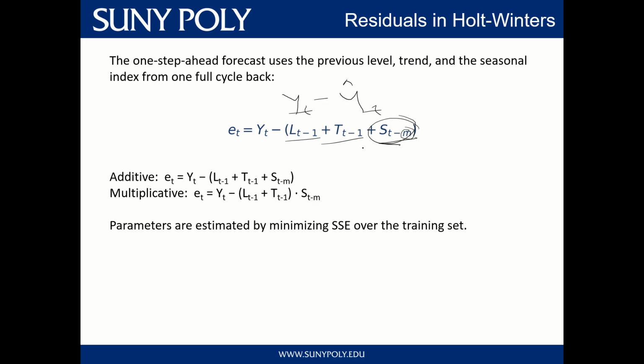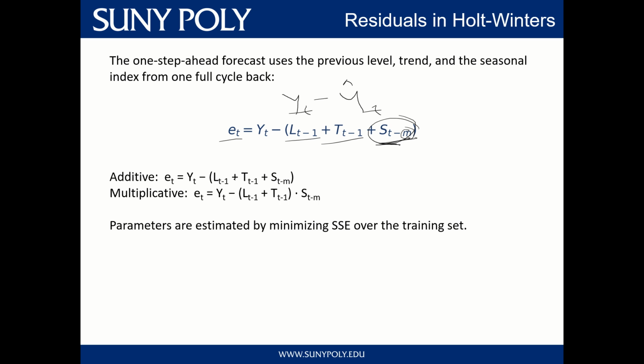This is the seasonality factor that was computed in the previous cycle. So again, as I mentioned before, you have to be consistent. If you're computing an error for, let's say, quarter two, you need the seasonality factor of quarter two of the previous cycle. You cannot mix quarters or months. I think that's common sense.